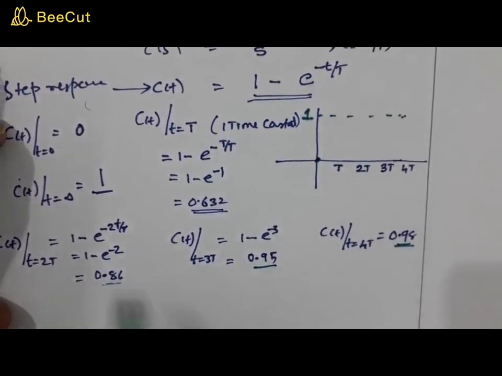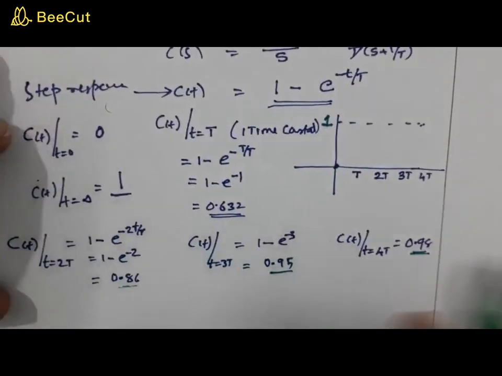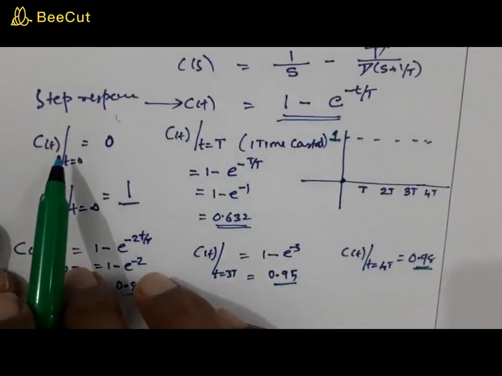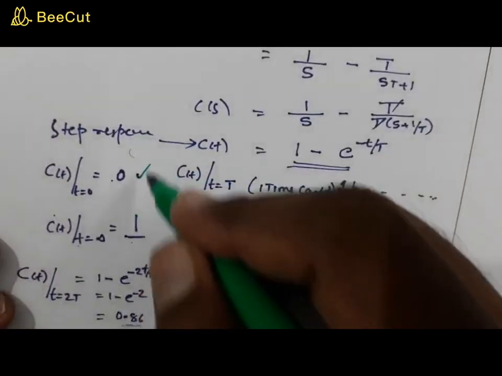So what's the meaning of this? As t increases, we found out the two extreme times, right? At t equal to 0, it is equal to 0. At t equal to infinity, it is equal to 1.